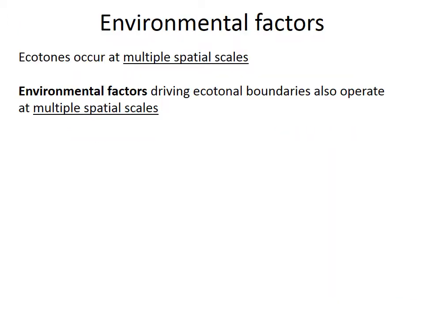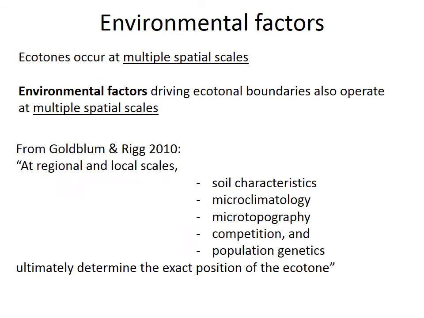So there are a lot of environmental factors that affect these ecotones or biome boundaries, and they also operate at multiple spatial scales. From the reading, at regional and local scales, we have things like soil characteristics. These could change abruptly from, say, a grassland soil to a forest soil, or there could be patches of the two soil types mixed together.